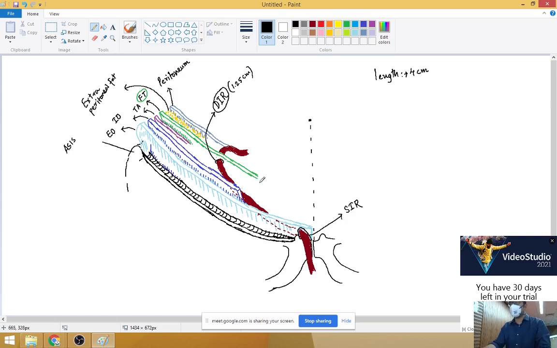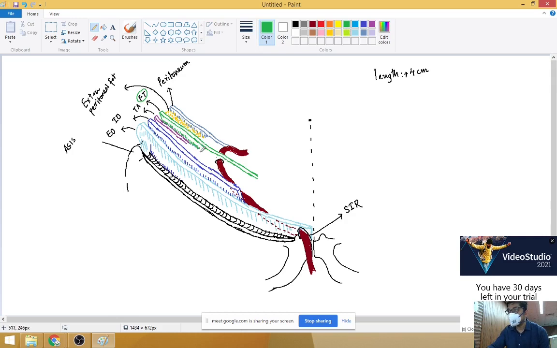Okay, now you have understood what is superficial, what is deep inguinal ring, isn't it? So this was the fascia transversalis, this was the peritoneum, this is the extra fascia transversalis. Okay, the whole of it is fascia transversalis.